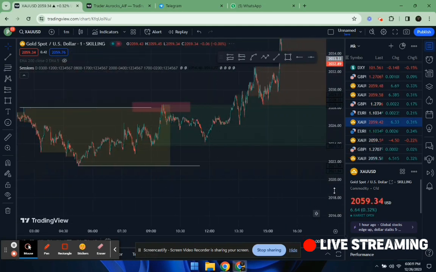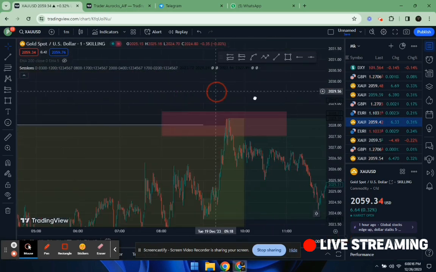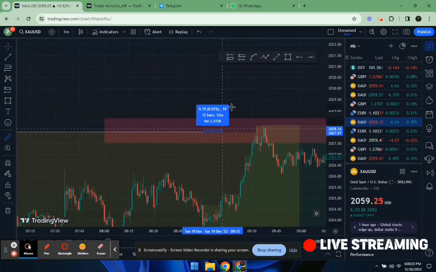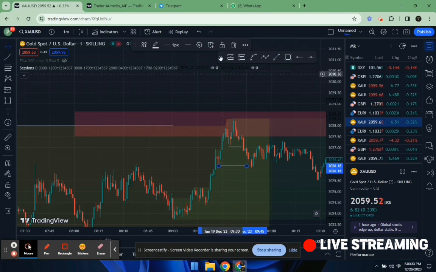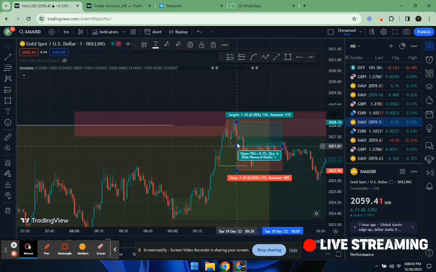You can see that price swept the high, just as I said, and then where would have been a change of character, most traders will say here, but for me, just take anything that is more clear and visible to you. For me, I would have taken here because I'm a more aggressive trader. But either way, both are still correct. Price still took out both of the change of characters.